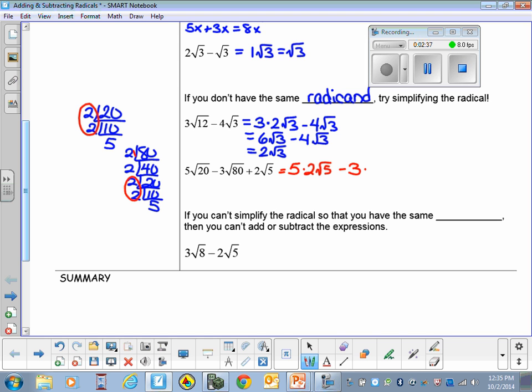So I have 2 pairs of 2. 2 times 2 is 4. That gets to come out. Square root of 5 has to stay home. Plus 2 square root of 5.